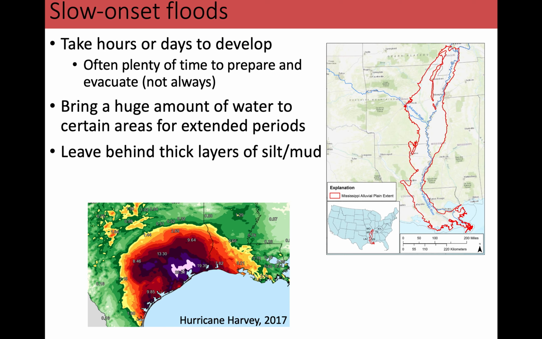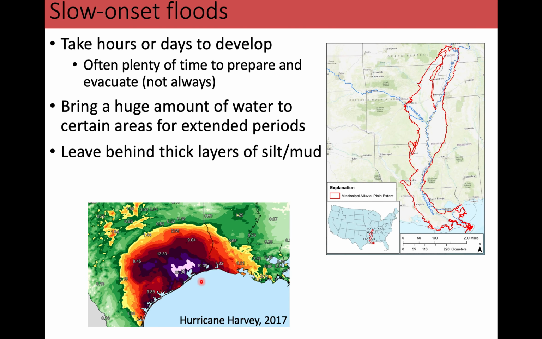The water will be moving relatively slowly before it starts to recede. At the peak of the flood you'll have a maximum amount of water, sort of standing water, before the water starts to recede. What that means is all of the sediment, all of the debris carried by that floodwater has the opportunity to drop out of the water. So these slow onset floods often leave behind a really thick layer of mud and silt. So there is a lot to clean up after these floods.